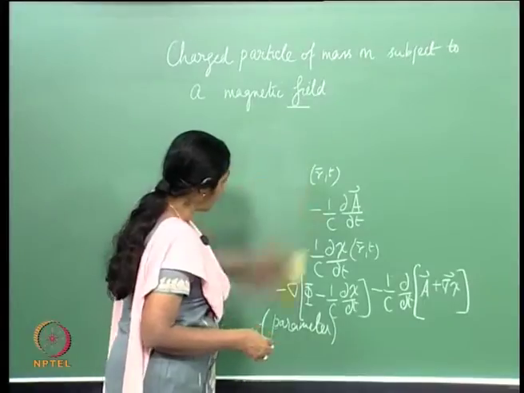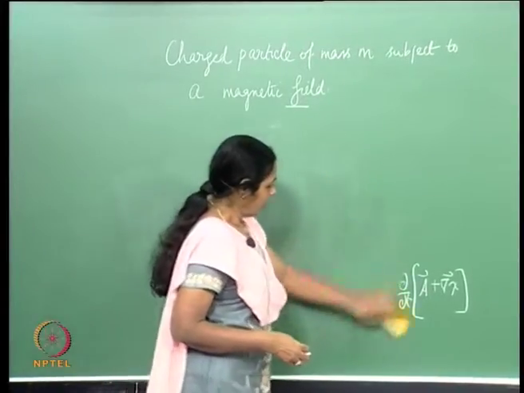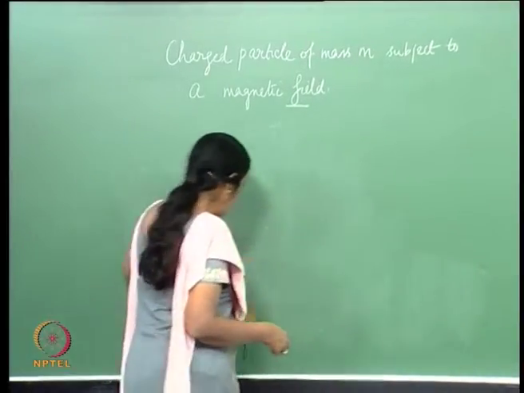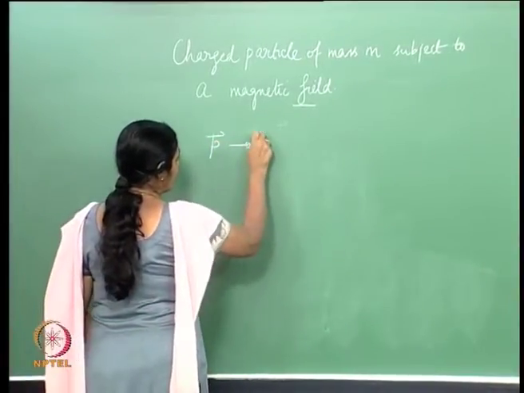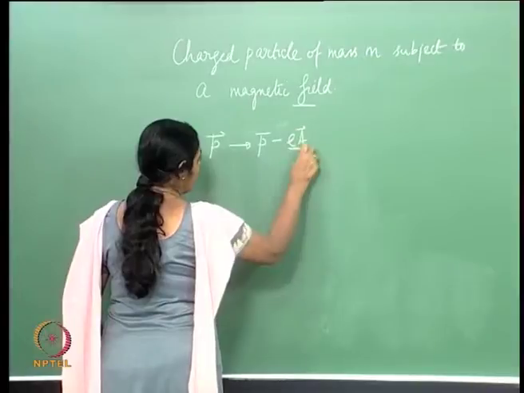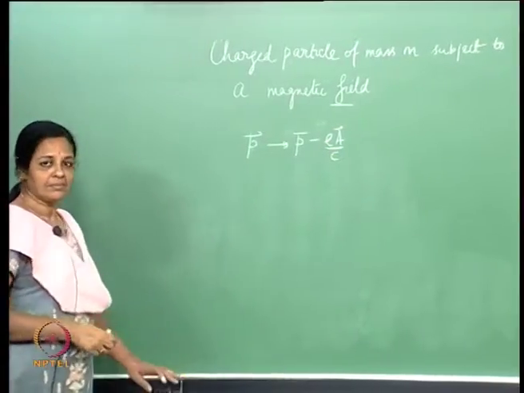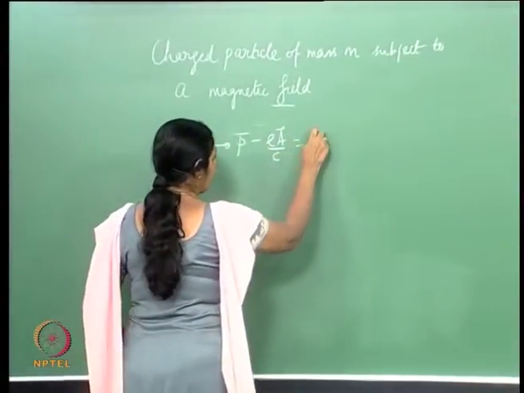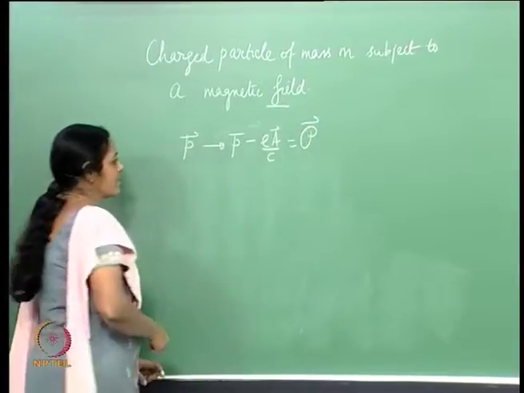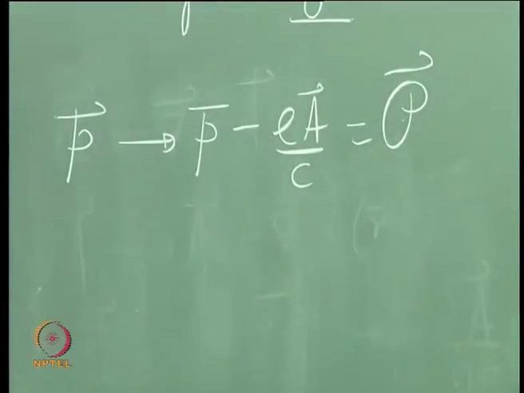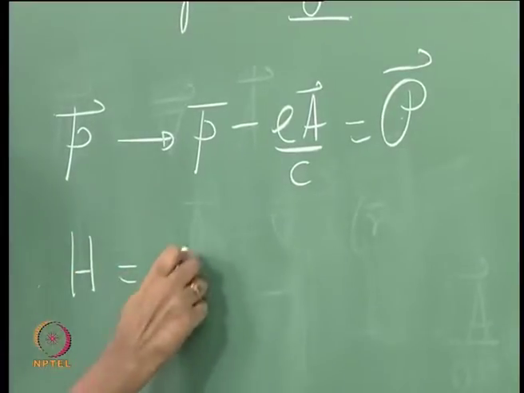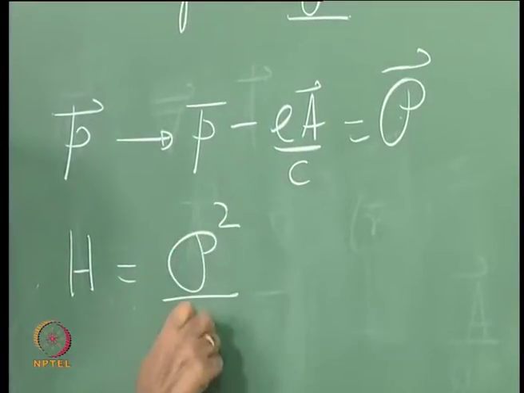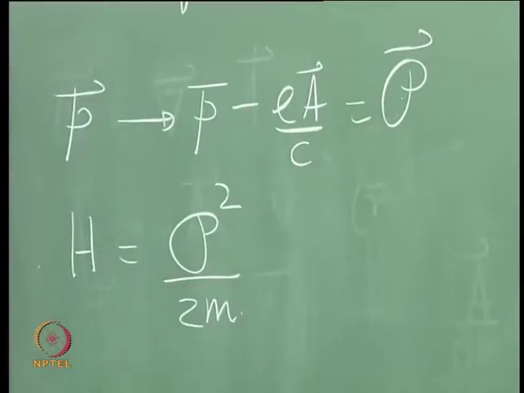And as I pointed out in the last lecture, there is a minimal coupling prescription, p goes to p minus eA by c. And this object I refer to as script P, capital P. The Hamiltonian itself therefore was P squared by 2m.